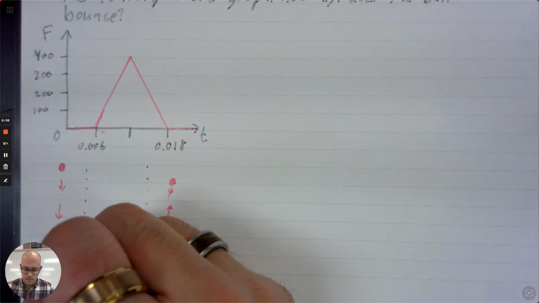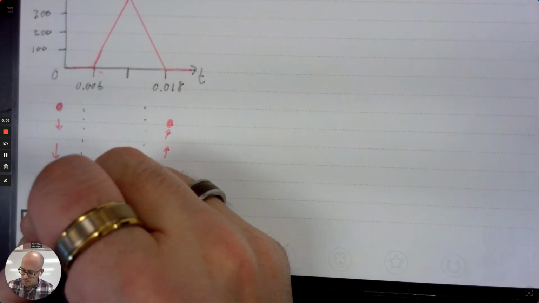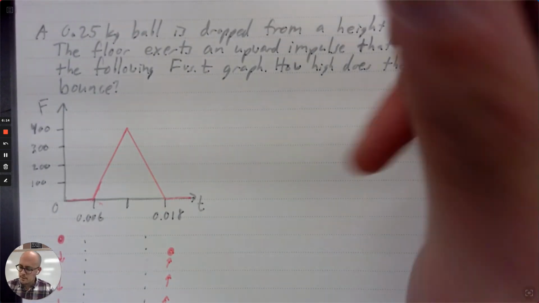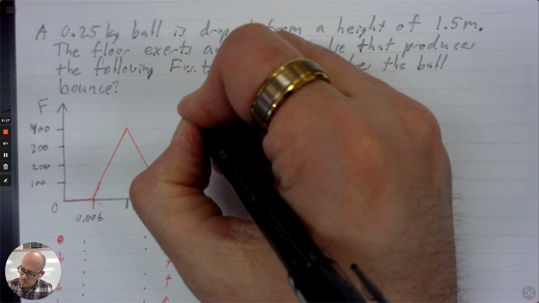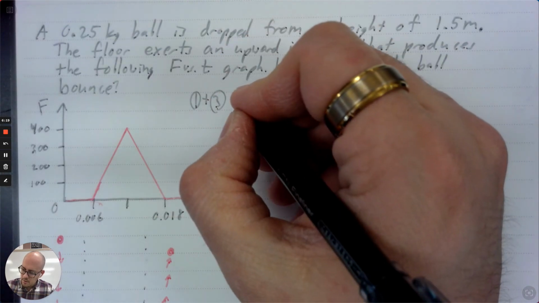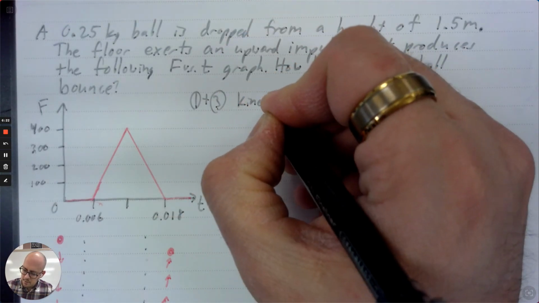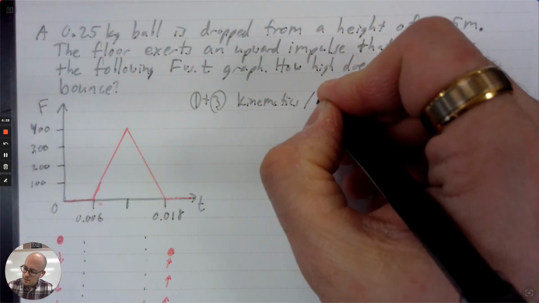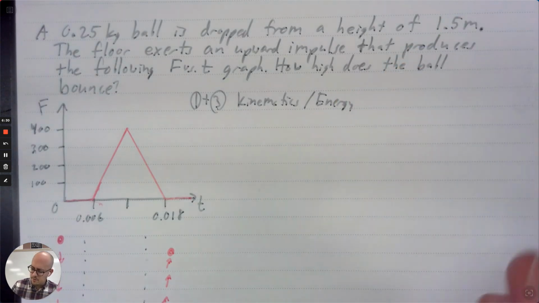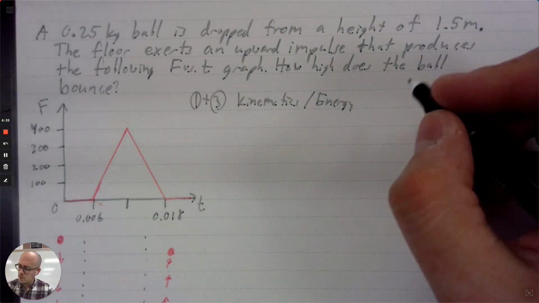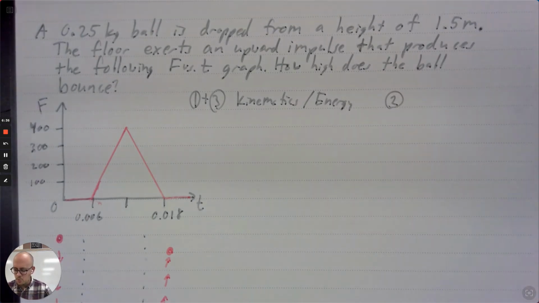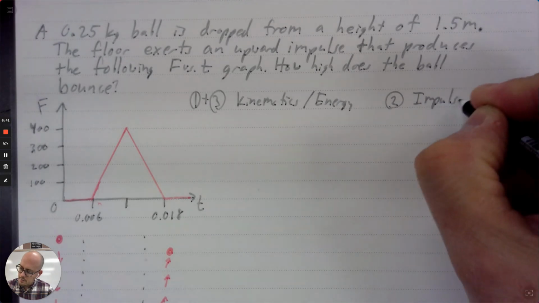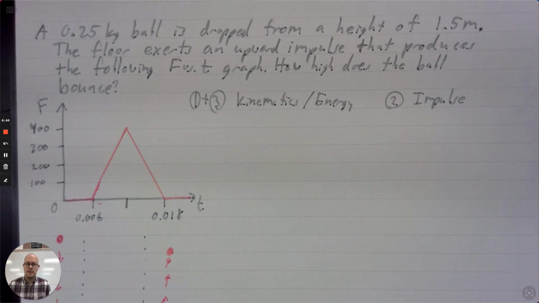If I reduce this to part one, part two, and part three, I can summarize: 1 and 3 are maybe kinematics because they're just falling through the air, or energy, because that looks to me like a conservation of energy situation. But part two, when it's actually on the ground, that is an impulse concept. So I can solve this problem in any way that I want.